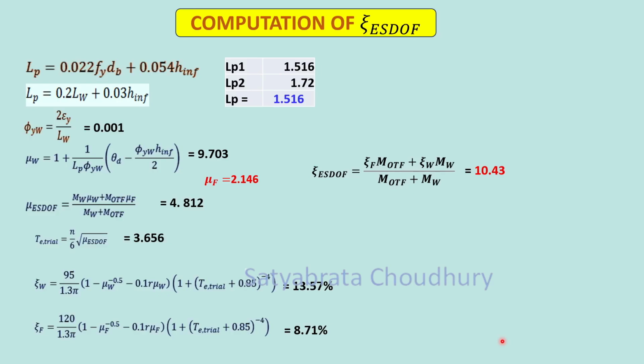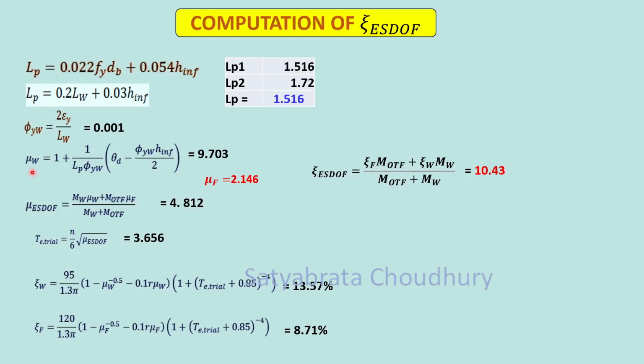Well, then we find the damping in the equivalent single degree of freedom system. You start with the calculation of Lp, the plastic hinge length in the wall. So there are two formulae available, out of which whichever is smaller is to be taken. So it is coming out as 1.516 meter. Then yield curvature of the wall is given by twice epsilon y by Lw. So this comes out as 0.001. It will be per meter.